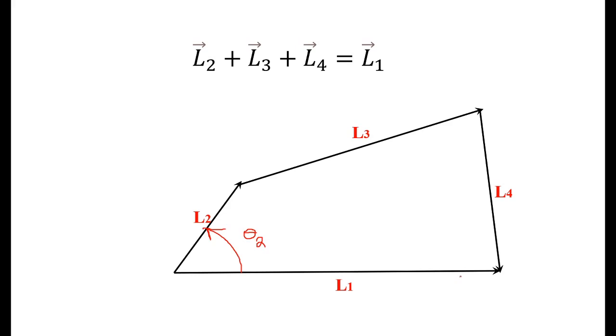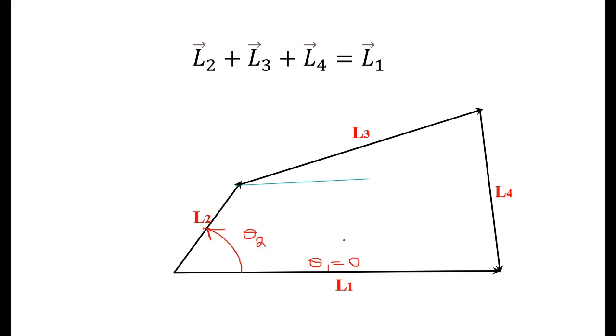Then why I am telling again and again the same thing, because for the next two links you need this knowledge. So if you consider L3, what will be theta 3? Theta 1 is 0. That also I will write here. Now what will be theta 3? Theta 3 will be the inclination of L3.